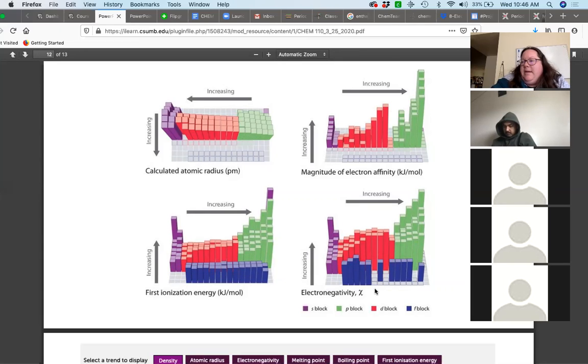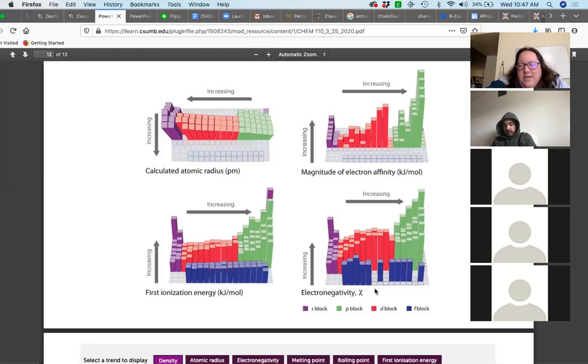The difference between electronegativity and electron affinity: electronegativity is the ability of an atom to attract electrons to itself. And electron affinity is the amount of energy that's released when a neutral atom or a molecule gains an electron from the outside. So there's always an energy associated with that change.